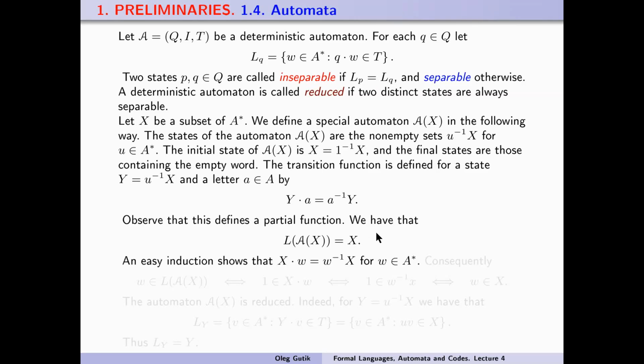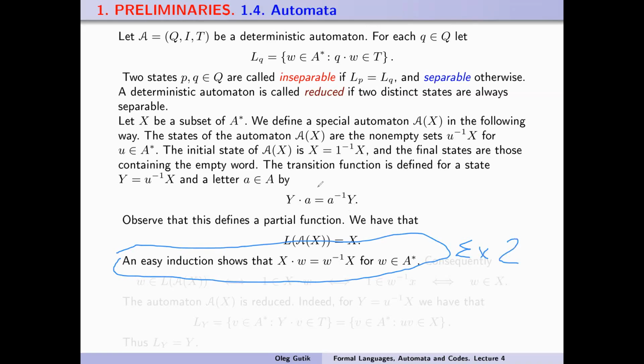By induction we can show that X multiplied by W is equal to W to the power minus 1 X for any word W over our alphabet A. I propose you to prove this statement. Exercise 3. And this follows from this.